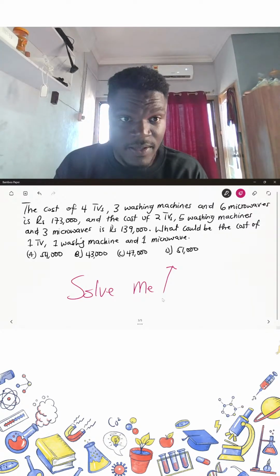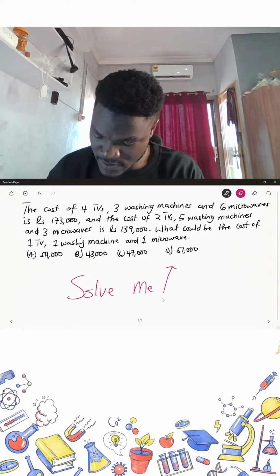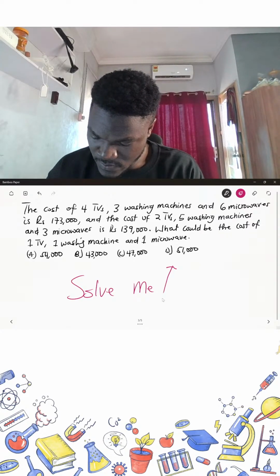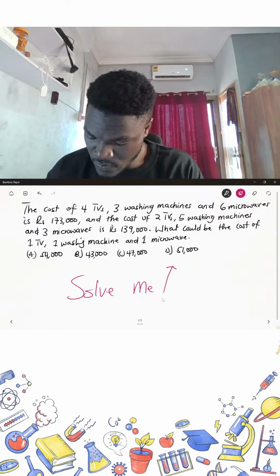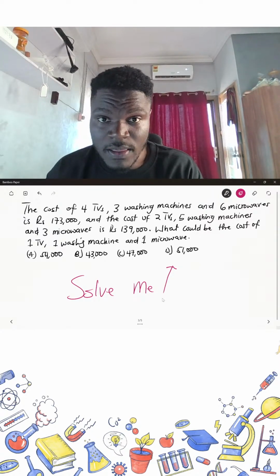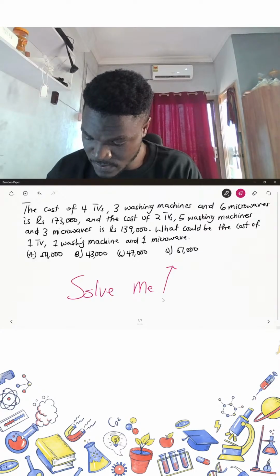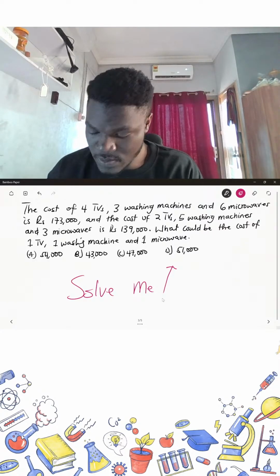Okay, so I have the cost of 4 TVs and then 3 washing machines and then 6 microwaves is 173,000.